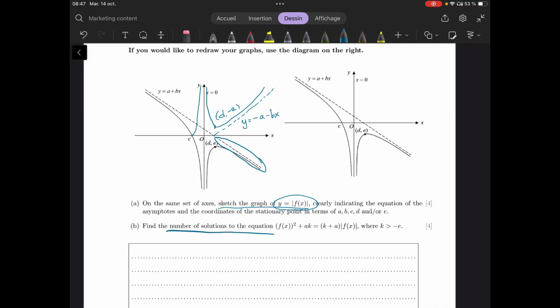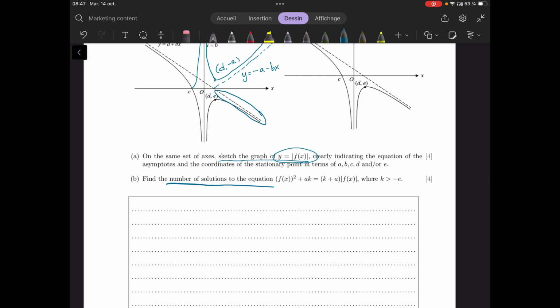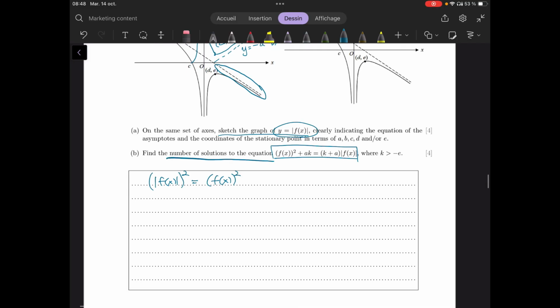Part B. Find the number of solutions to this equation. Cool. So, this guy is very intimidating. It's quite scary. However, if you remember that this is equal to that, then it's really not too bad.